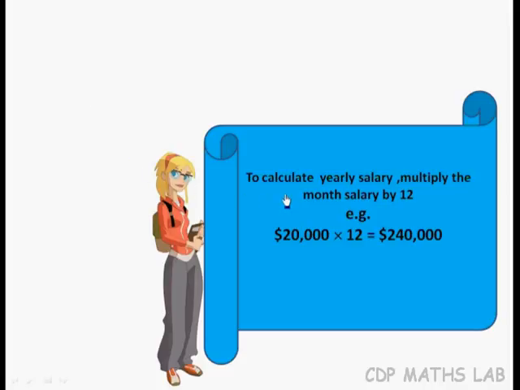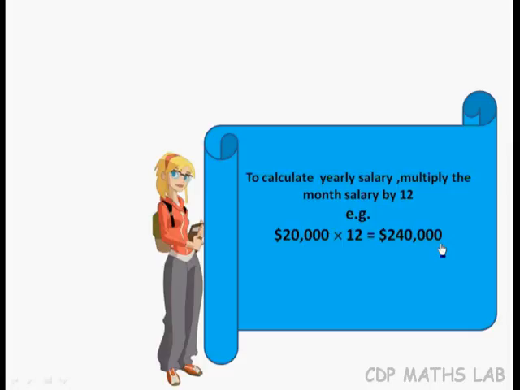All right. Now, to calculate yearly salary, multiply the monthly salary by what? 12. For example, the $20,000 is the amount she would get for working for 1 month. But for the year, you would have to multiply that by 12 and you'll get what? $240,000.